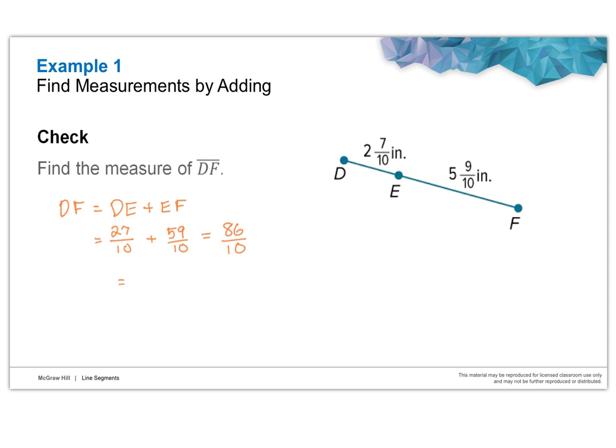But to put it back into mixed number form, that's going to be 8 and 6/10. And then we always want to make sure that we simplify our fractions. So 8 and 3/5, taking that 6/10 down to lowest terms. And there's your check for page 19.